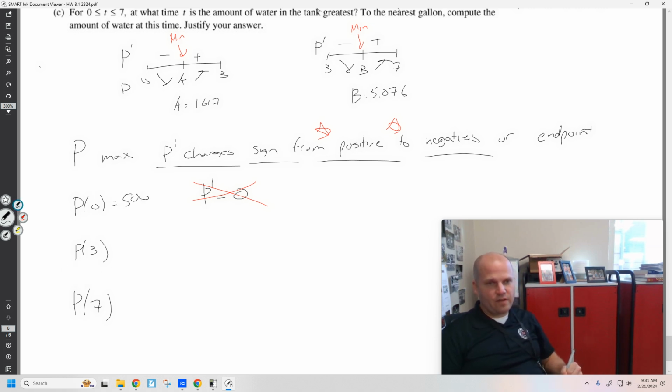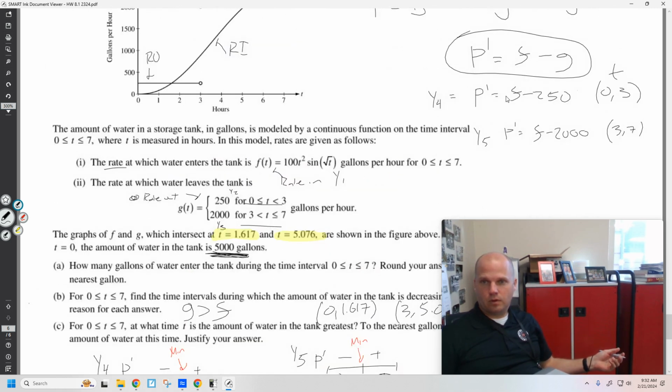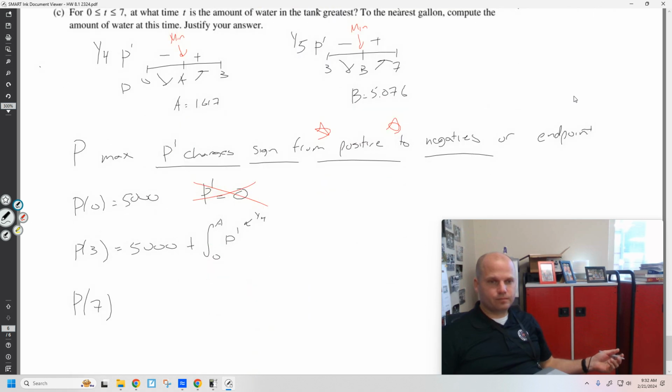P of 0 we know is 5,000. Okay, we already know that. Let's find the accumulation of Y4 from 0 to A. We got to understand my accumulation of Y5 from 3 to 7. So here, P of 3 is 5,000 plus the integral from 0 to A of P prime, which I use Y4 because it's the correct derivative from 0 to 3.